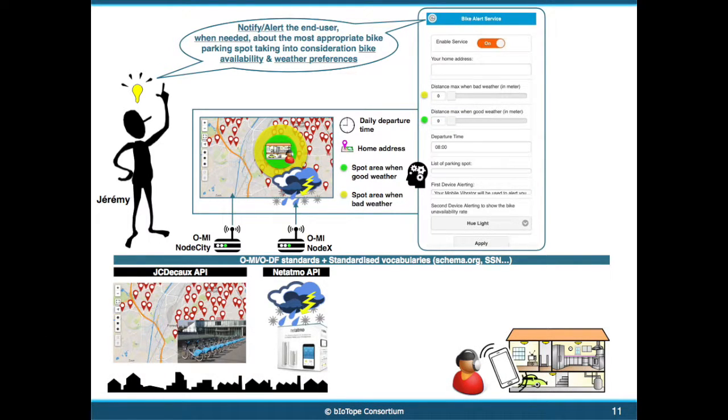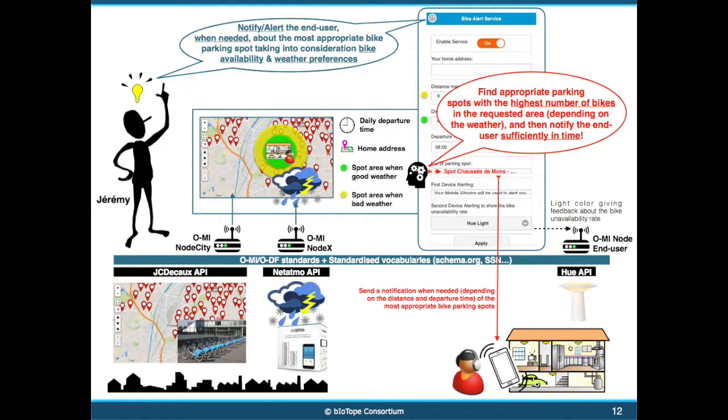Once Jeremy has discovered and accessed the necessary data streams, he has to develop the intelligence that will fulfill the service that was presented before in our video. It must be noted that the intelligence proposed in our app is simple on purpose, since the main objective is to explain how Jeremy can combine information sources coming from different platforms, and not necessarily to develop complex reasoning and prediction services at this stage.